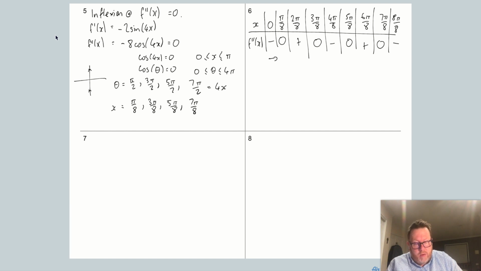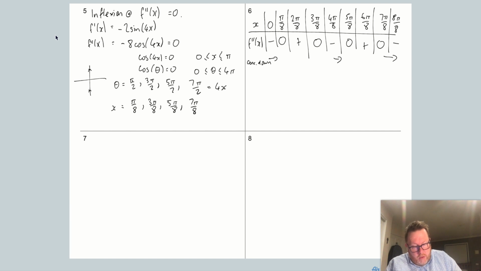So that means between 0 and pi on 8, we've got concave down. So I'll just put concave down here. And between negative pi and 0, so between here and here, it's concave down, and between here and here, it's concave down.